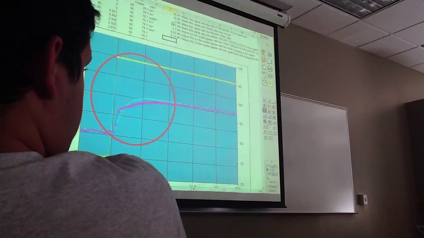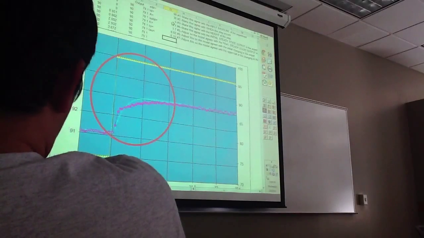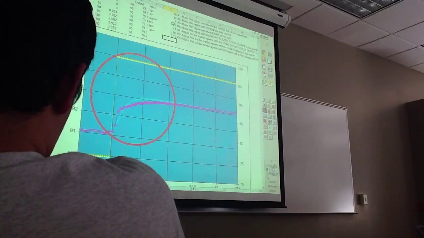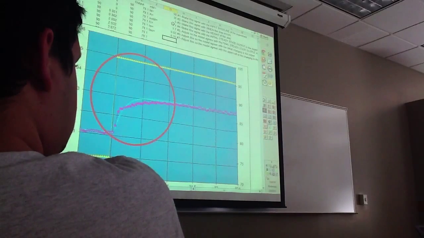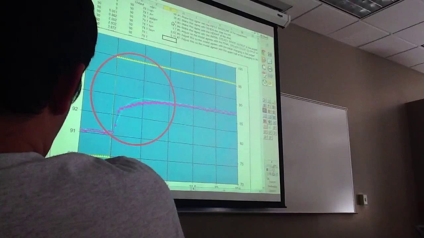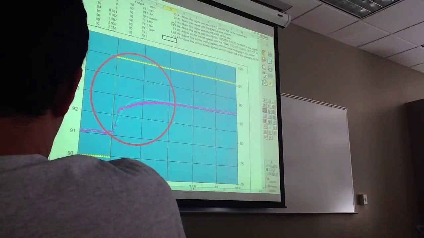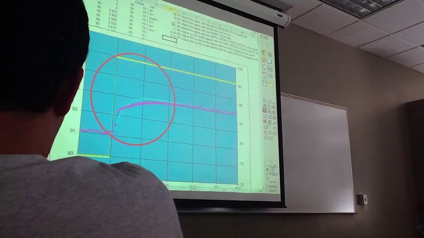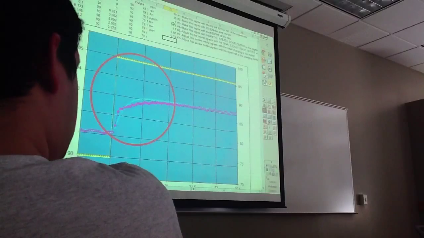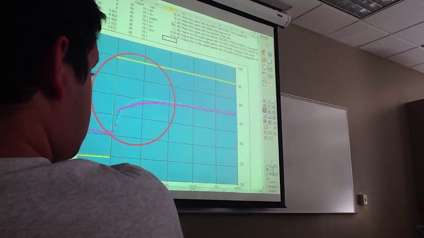Now, that's the best I can do with this model for that data. Are you happy about that? Sure. Would you like a better model? Who would like a better model?